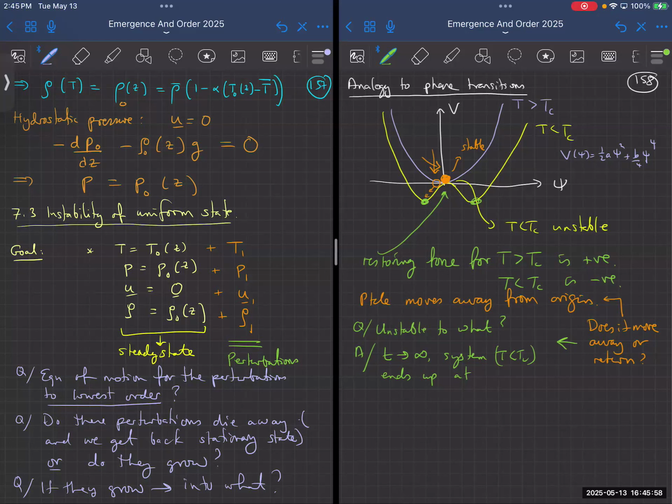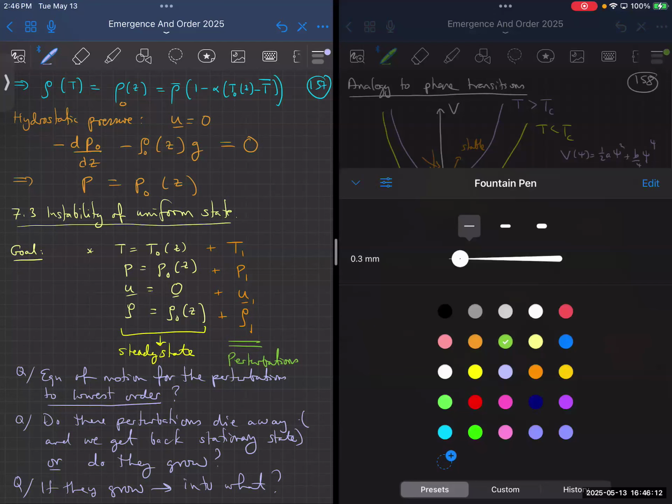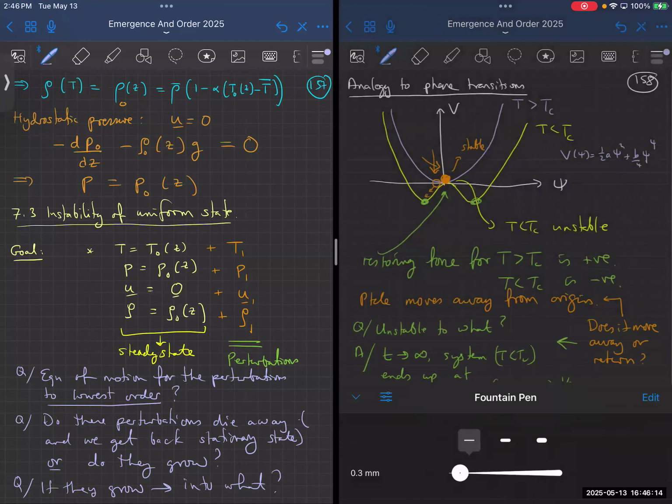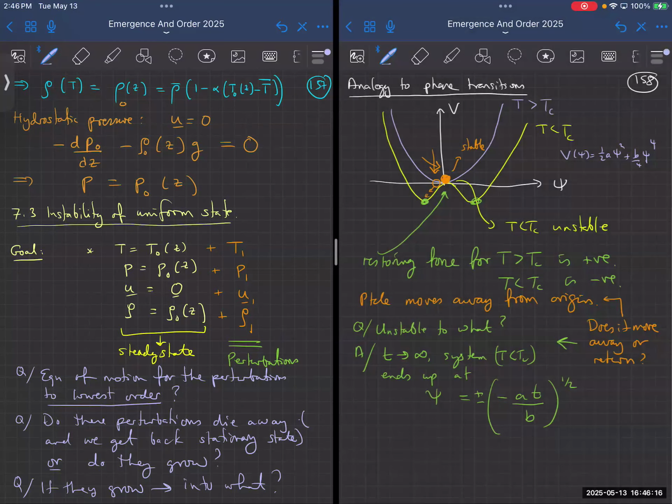So it's going to end up with psi equal to plus or minus the square root of minus a t over b. Okay.